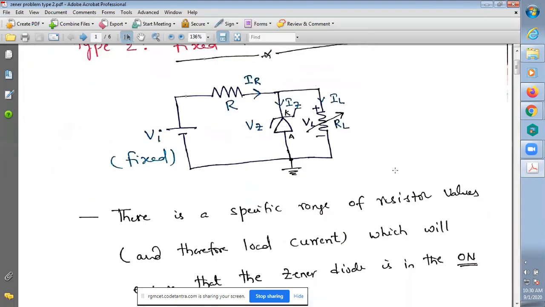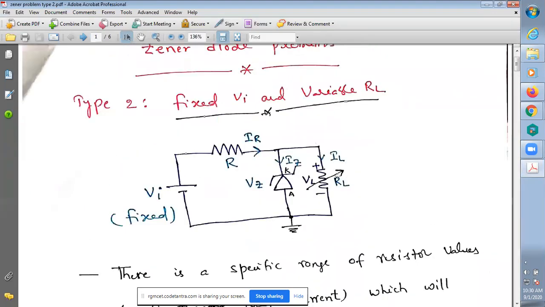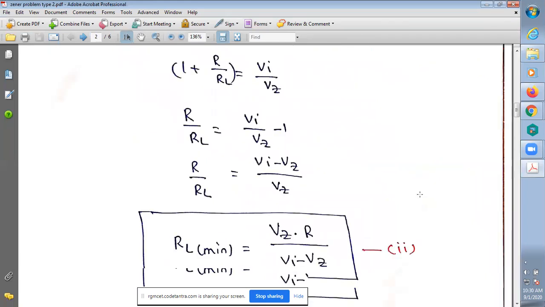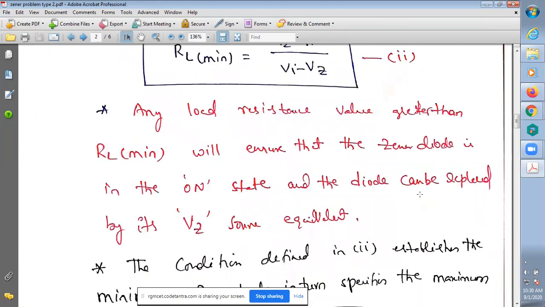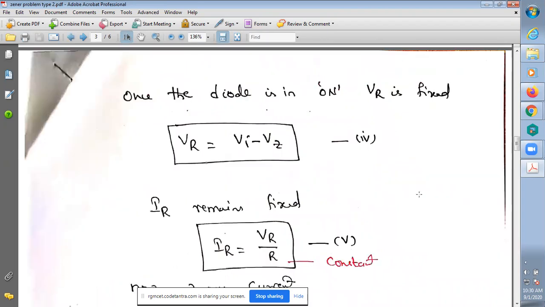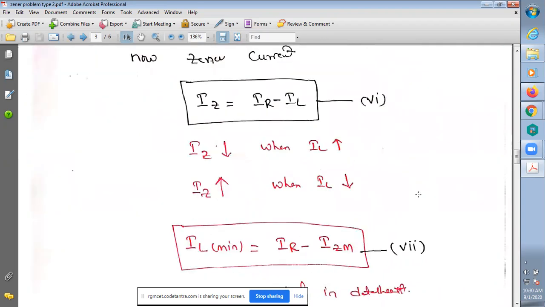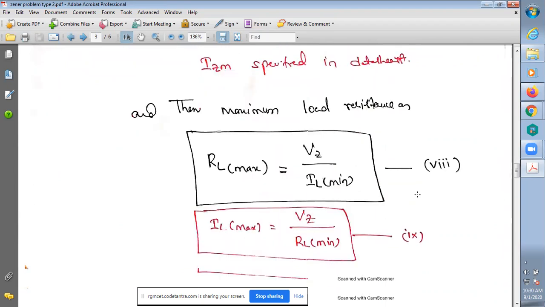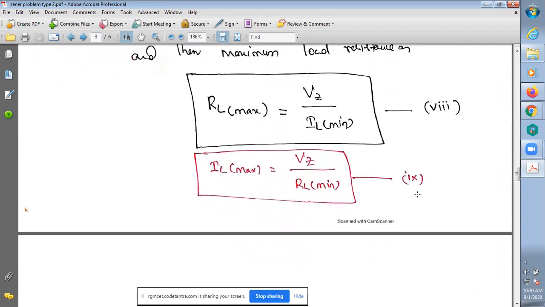In all cases, we are assuming that the Zener diode is in the breakdown region only. Now come to the problem. This problem is very, very important. Why? Because in the first case, Vi is fixed and RL is also fixed. That is simple: only find the status of the Zener diode.